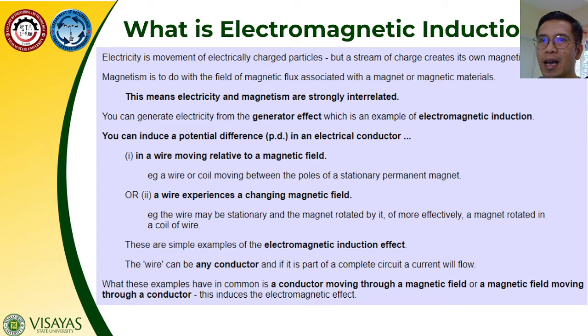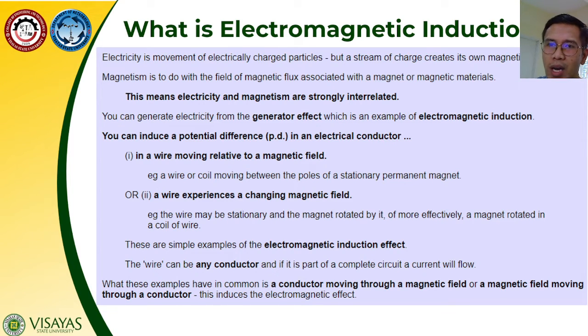On the other hand, magnetism is something to do with the field of magnetic flux associated with a magnet or magnetic materials. So basically, these 2 principles in physics, electricity and magnetism, are very much interrelated to each other. We can generate electricity from what we call the generator effect, which is an example of electromagnetic induction.